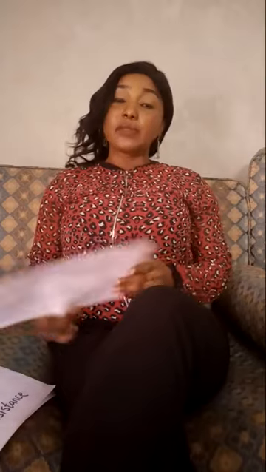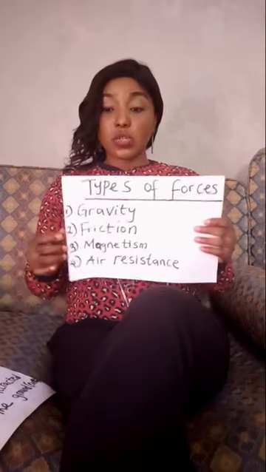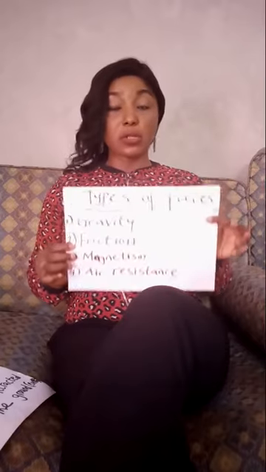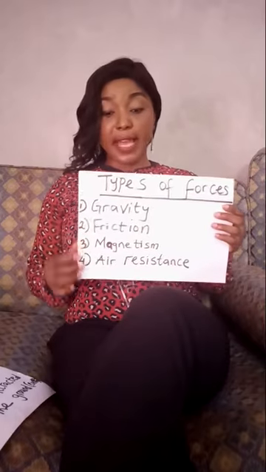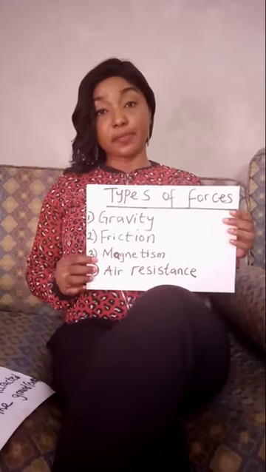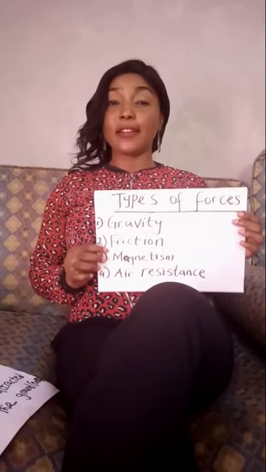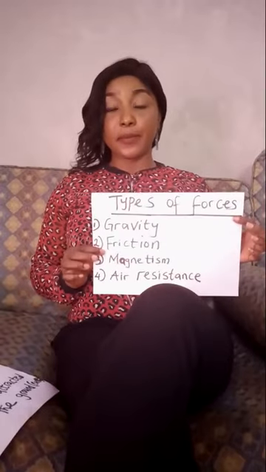We have different types of forces that affect us every day. Two of these forces affect us every day. We have the force of gravity, and then we have friction. These are the only two types of forces that we cannot do without every day.